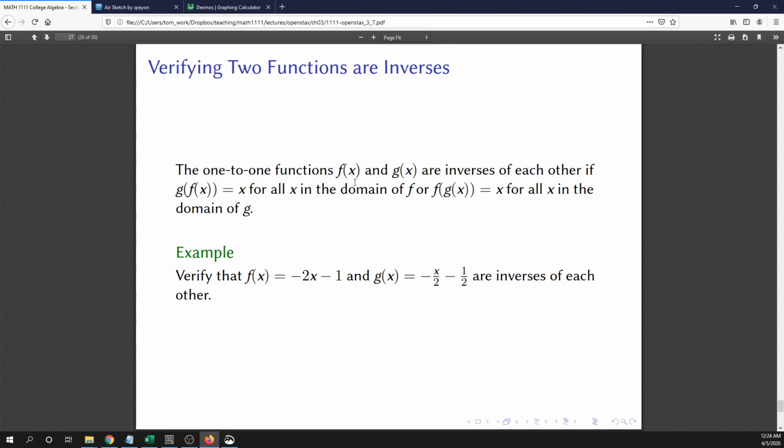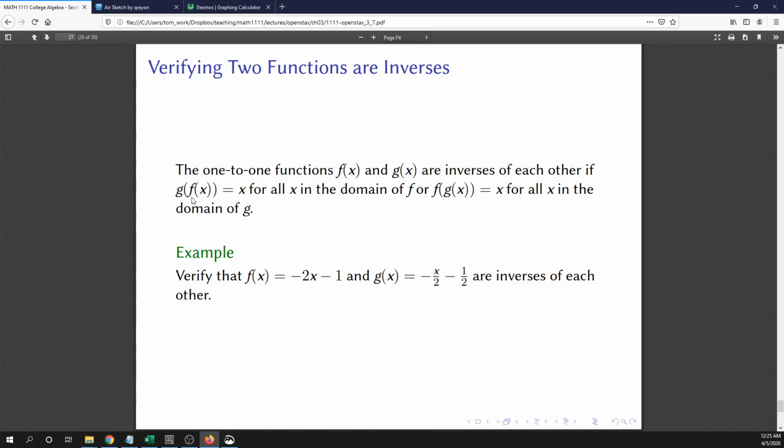So the one-to-one functions f of x and g of x are inverses of each other if g of f of x equals x for all x in the domain of f, or f of g of x equals x for all x in the domain of g. Okay, so in this example, we're talking about composition of functions.